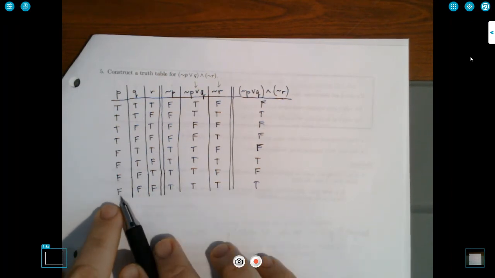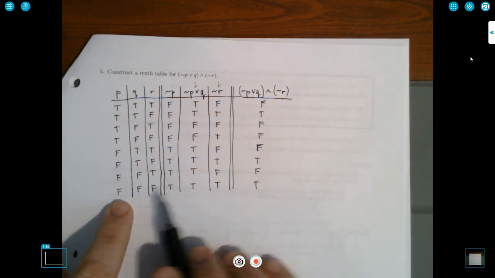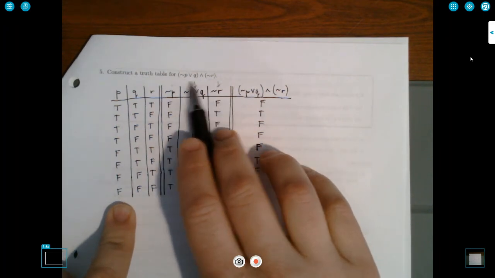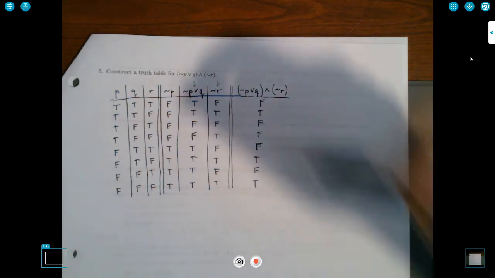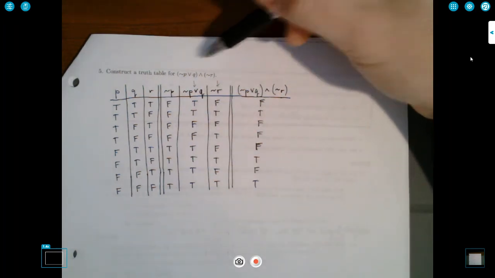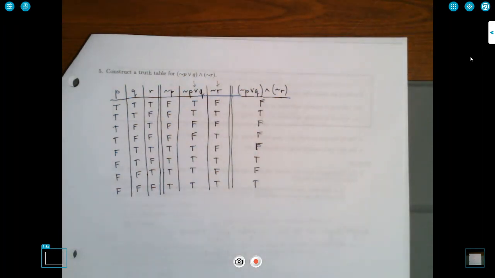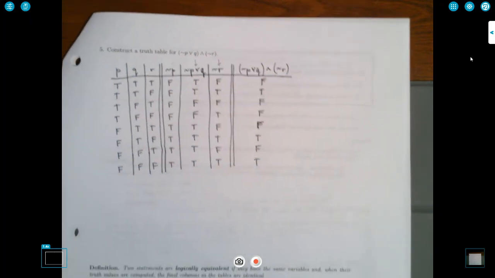So if P, Q, and R are all false, then this overall statement is going to be true. And that might seem a little bit weird, but it's because you've got a lot of negation going on, right? Anyway, so that's that. So hopefully that gives you some sense of how truth tables work.